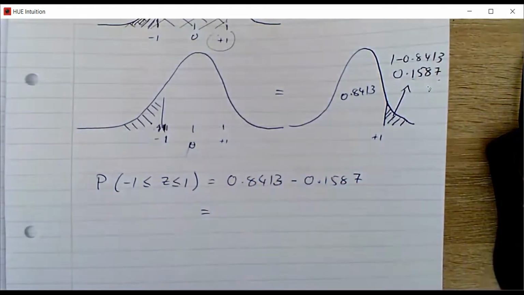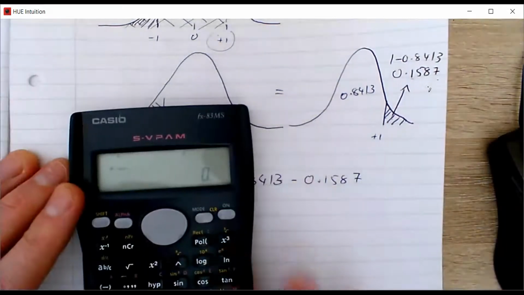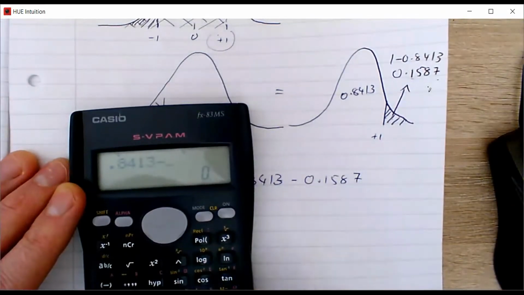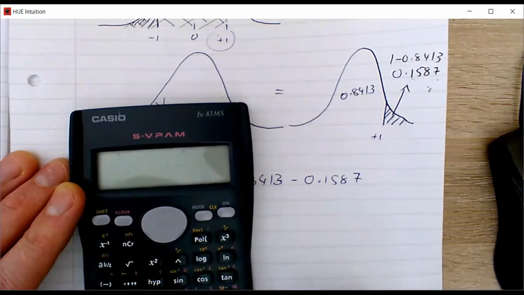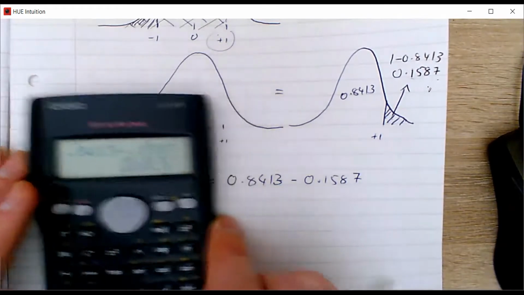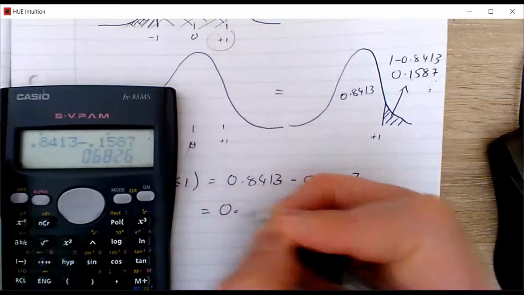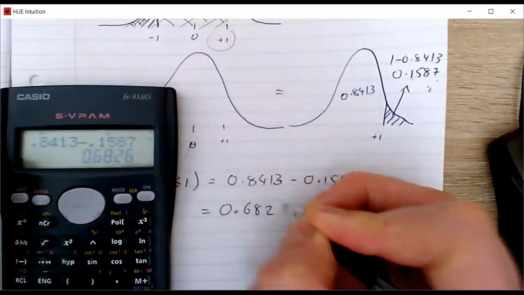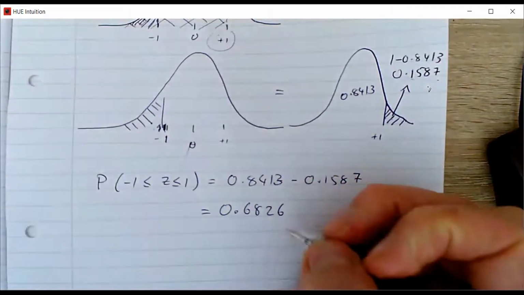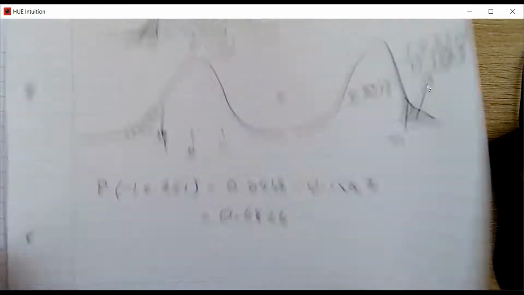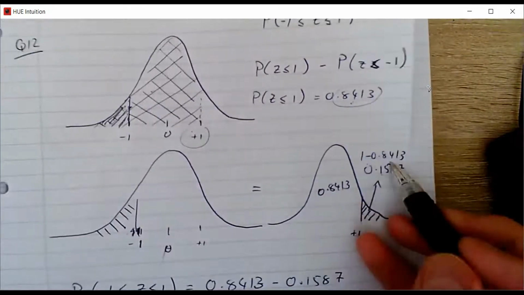Okay, and how do I get there? 0.8413, take away 0.1587, 68%, just like I predicted from my empirical rule, 0.6826.